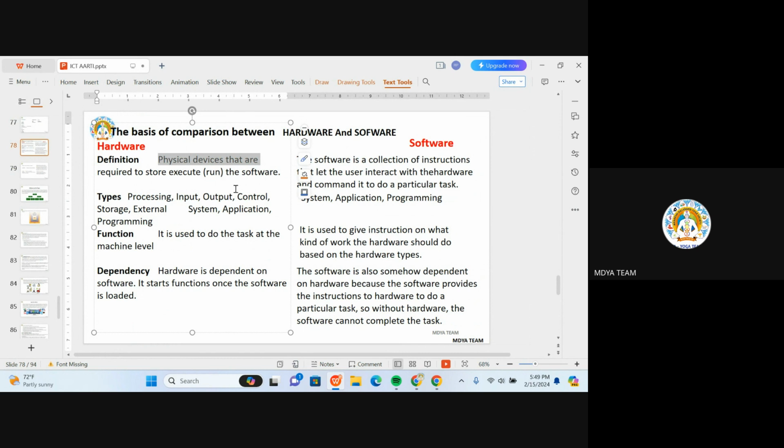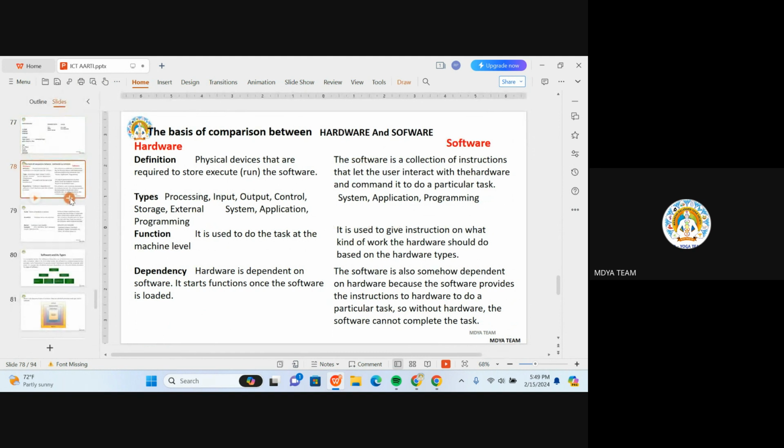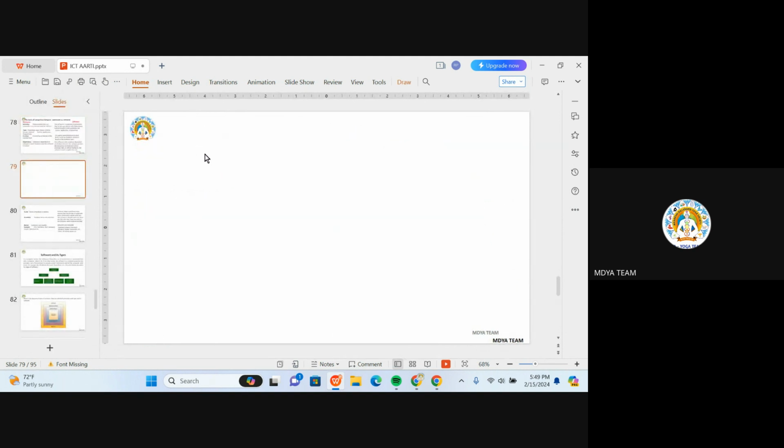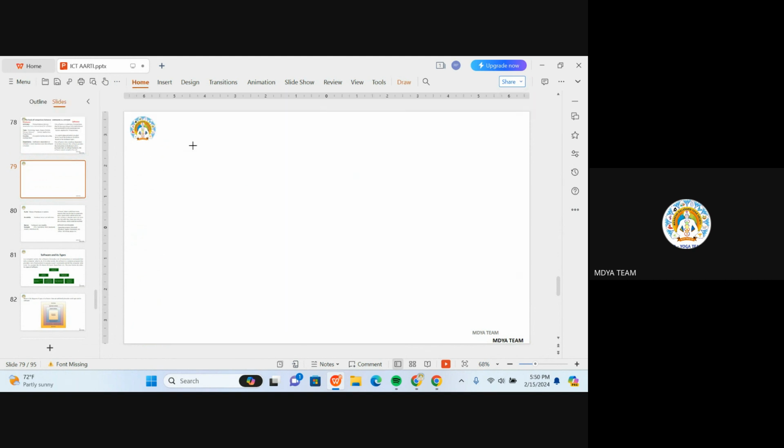In software, the software is a collection of instructions that lets the user interact with the hardware. What is software? Software is a set of instructions.